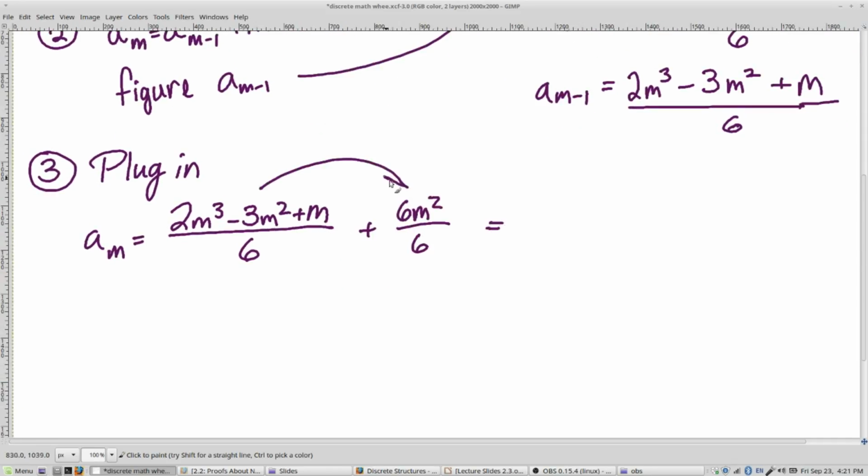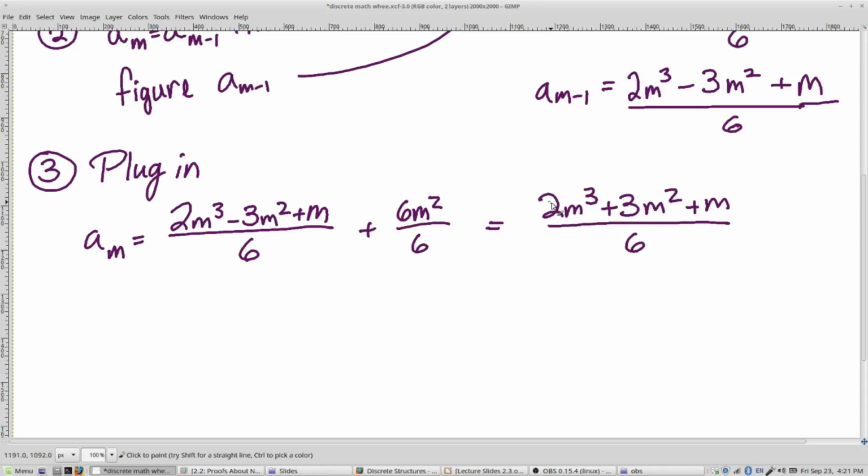And then these two are the like terms, so that would be positive 3, 2m cubed plus 3m squared plus m over 6. Okay, and let's factor out this like m term. So m, we have 2m squared plus 3m plus 1 over 6.